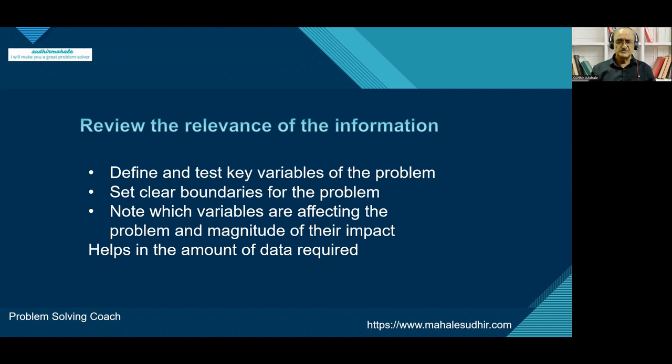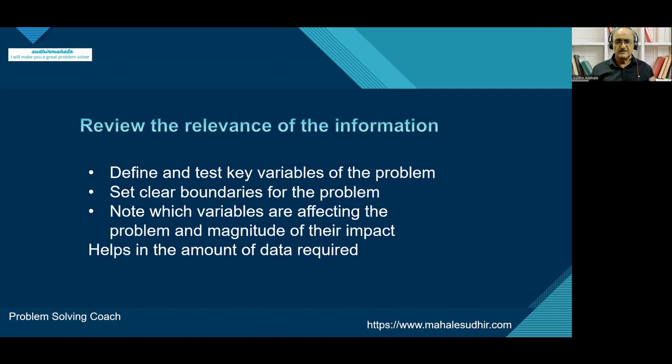And once the information is there, we have to review the relevance of the information, and from that identify the key variables of the problem, that is, which impacts more on the problem, and set clear boundaries for the problem.